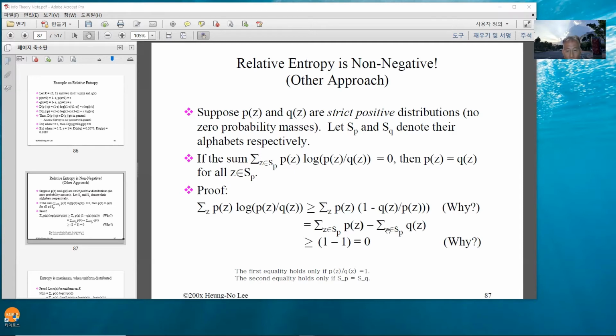So 1 minus a number smaller than 1 is lower bounded by the case that both of them are 1. When both of them are 1, basically SP is equal to SQ.